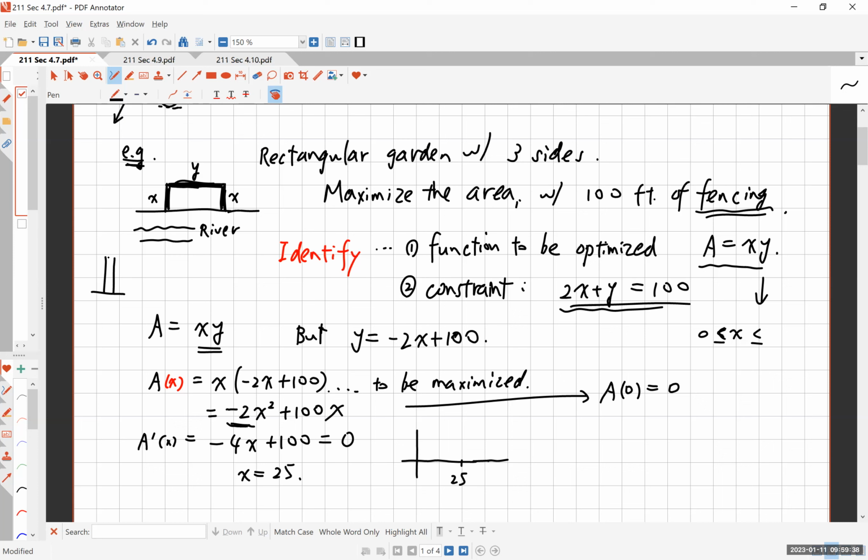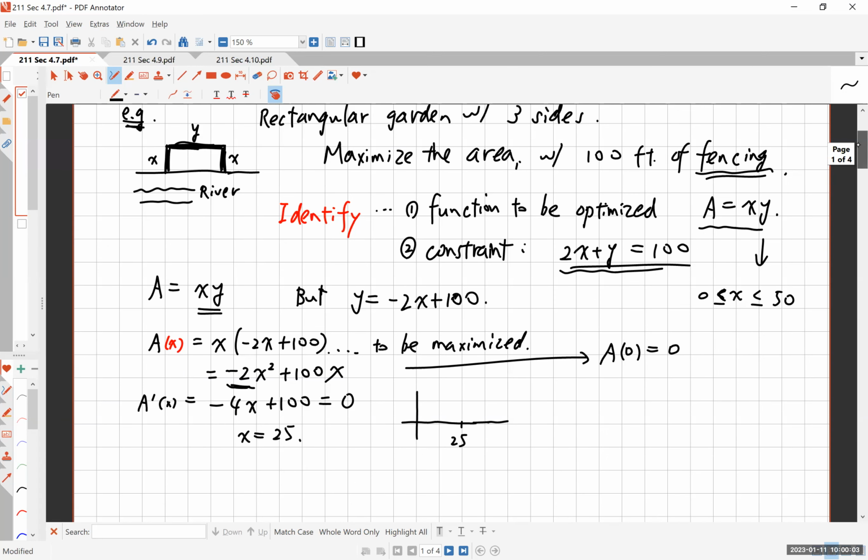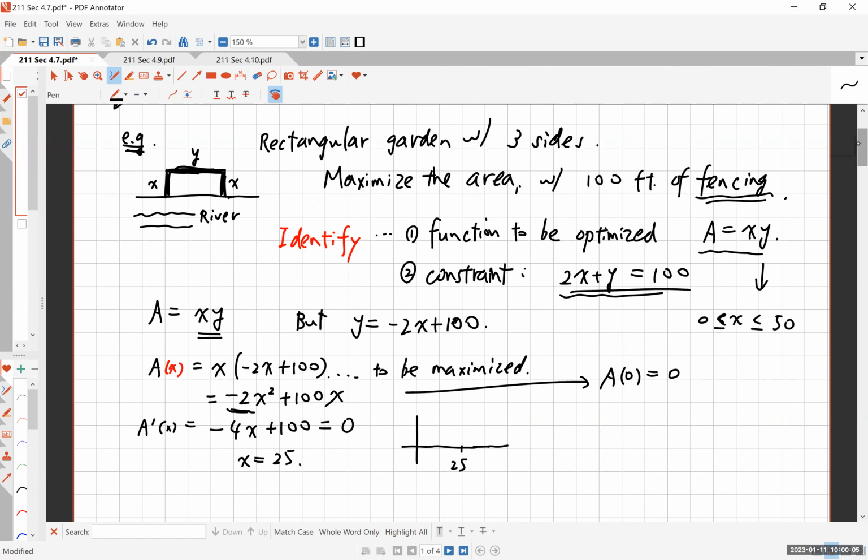So y can be 0, but then again, this is not a rectangular region. x could be 49, x could be 49.9, and y would be extremely small. So let's let x be up to 50. You don't want x to be exactly 50, but you can get it as close to 50 as you want, although the garden would look very narrow in that case.